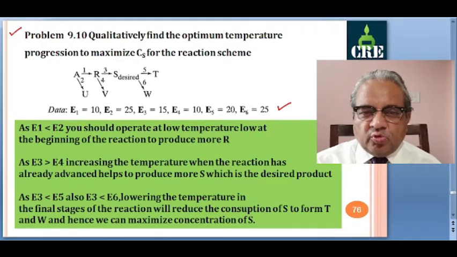So this is to be promoted and this is to be suppressed or depressed. And further S is the desired product, so we should discourage the formation of T and W. So we want to suppress both these reactions. Here you can see E1 is 10 and E2 is 25. So E1 is less than E2.